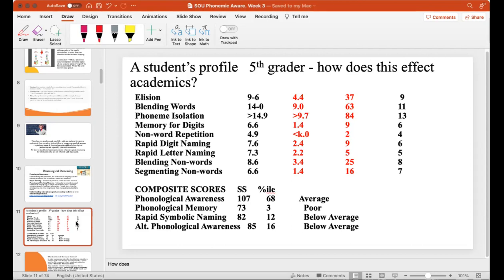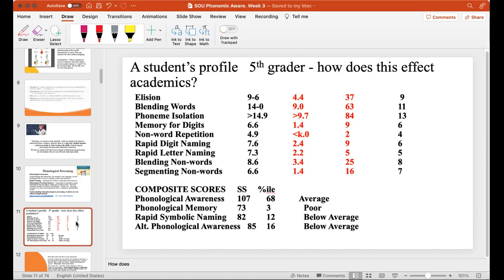Whatever your age is, these are the expectations at this age. If you look at the scores for this student, one of the things that you might see is that the range of skills on this test is just absolutely enormous. It goes from the 84th percentile down to the 2nd percentile.